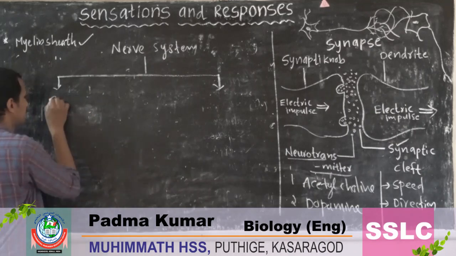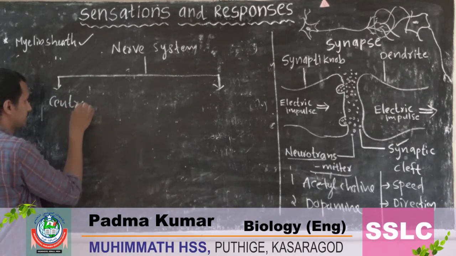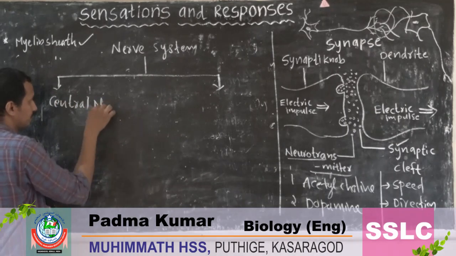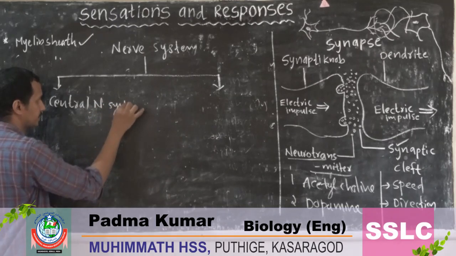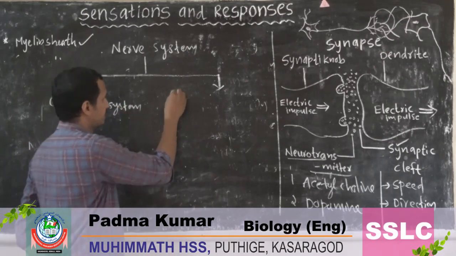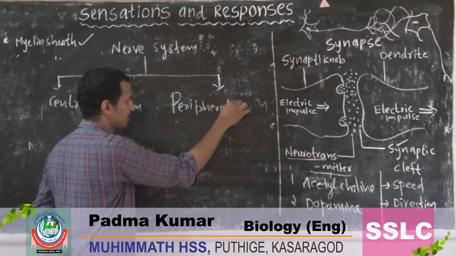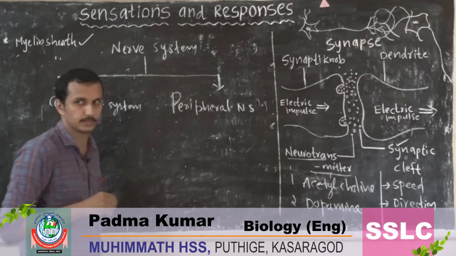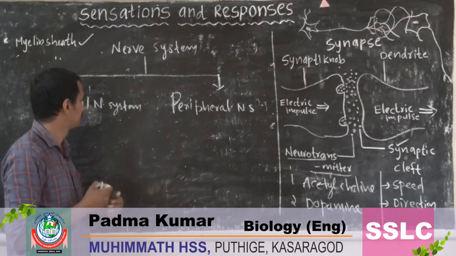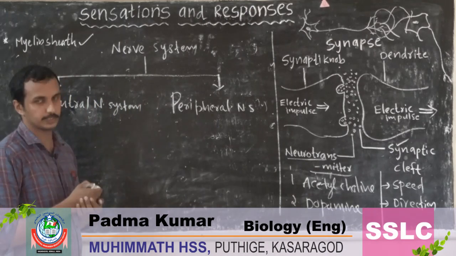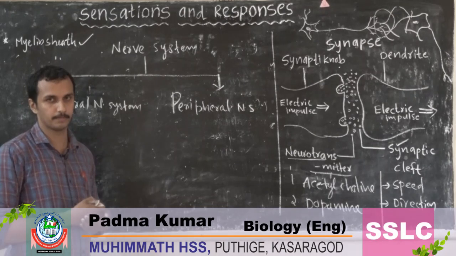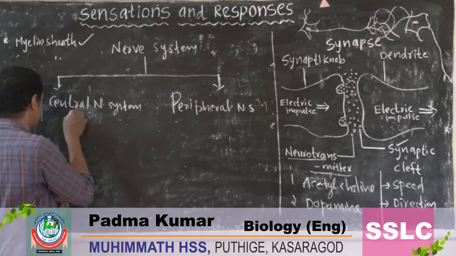First one is called central nerve system and second one is called peripheral nerve system.